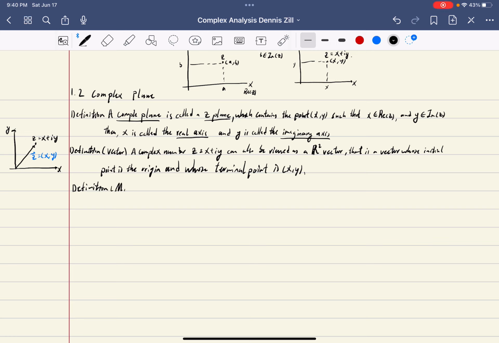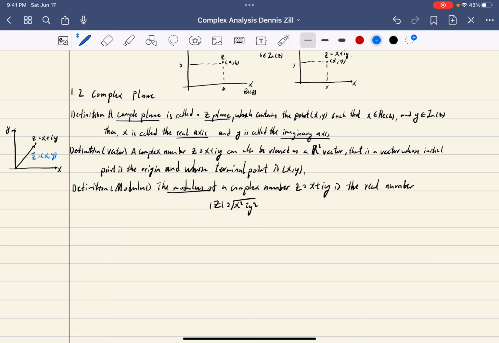Modulus. The modulus of a complex number z equals x plus iy is the real number, the square root of x squared plus y squared.